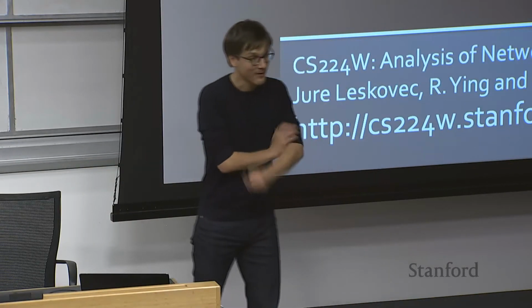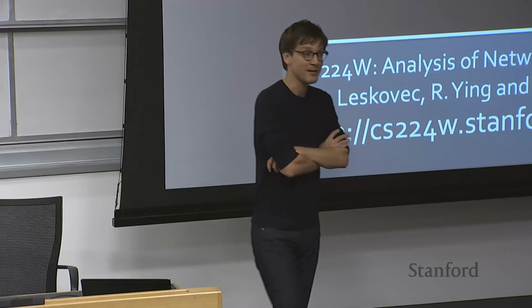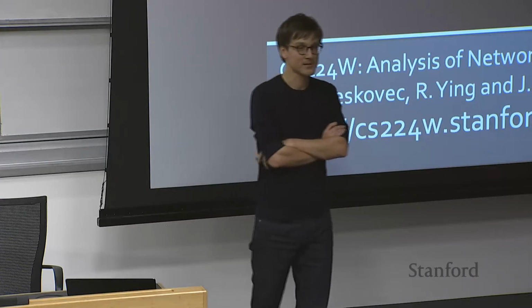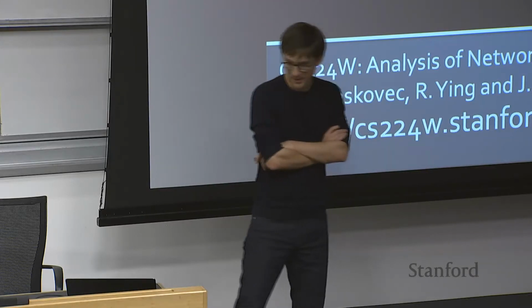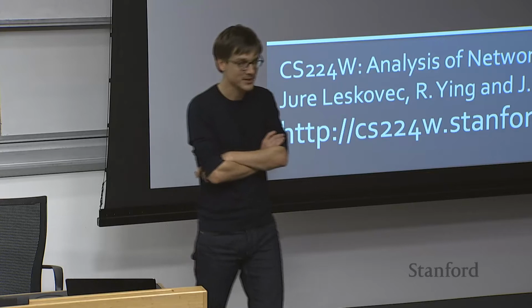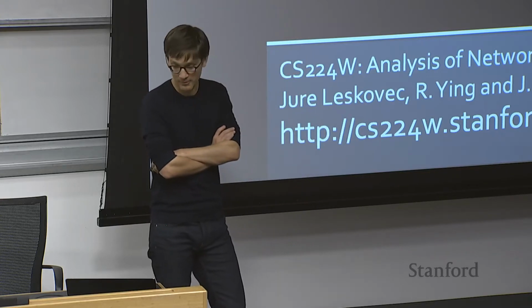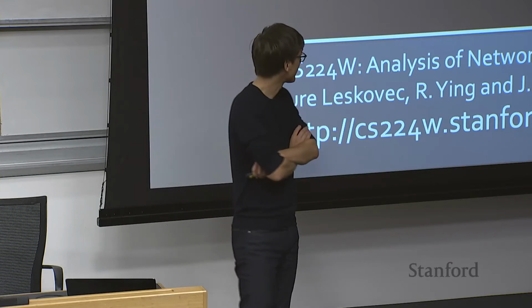So what I prepared for today is a set of interesting applications of the methods that we have talked about, and you will see how this can be applied to a wide range of domains. In particular, we will be looking at the applications of graph neural networks.